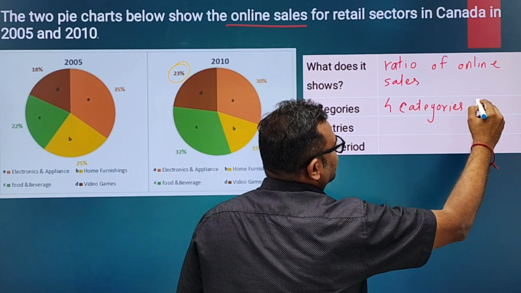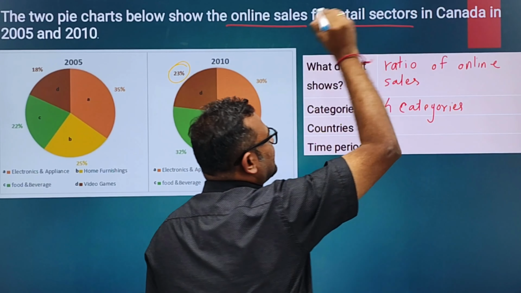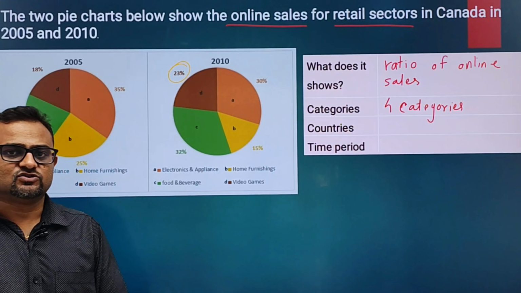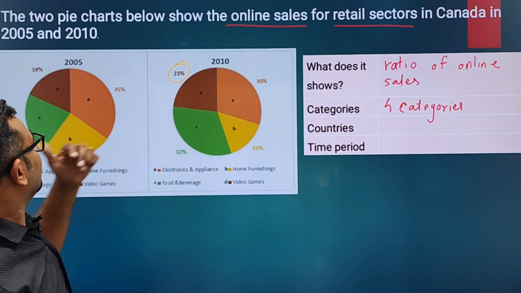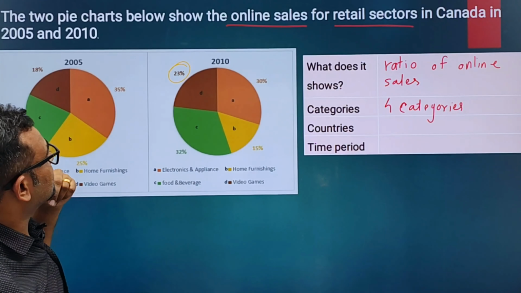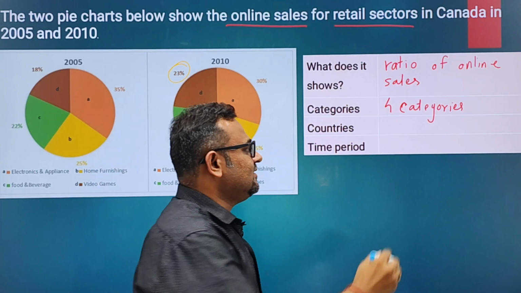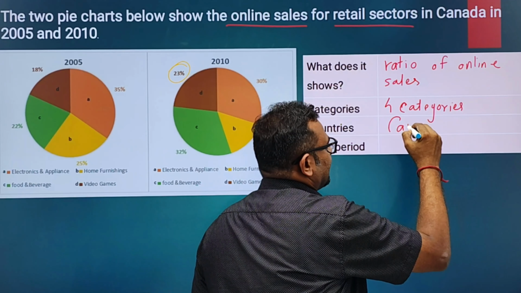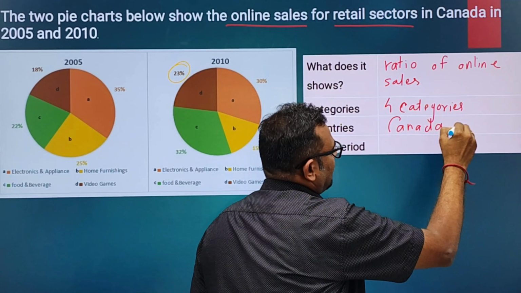And these four categories are of retail sectors. The country is Canada.